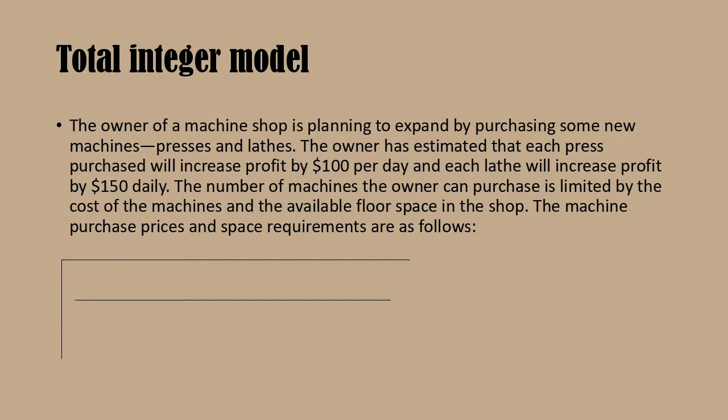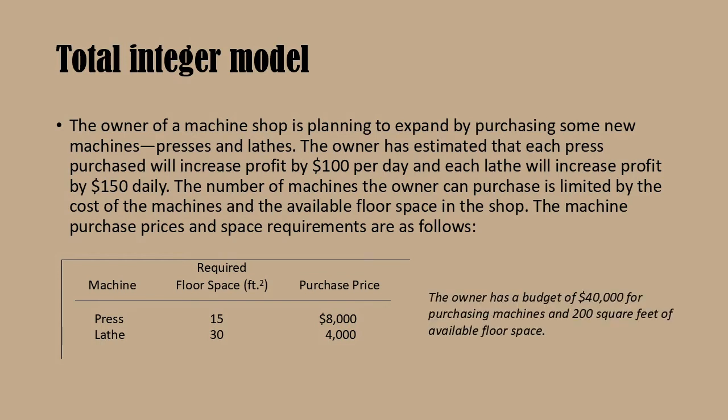The machine purchase prices and space requirements are as follows. Press occupies 15 square feet and has a price of $8,000, and lathe occupies 30 square feet and has a price of $4,000. The owner has a budget of $40,000 for purchasing machines and 200 square feet of available floor space. The owner wants to know how many of each type of machine to purchase to maximize the daily increase in profit.